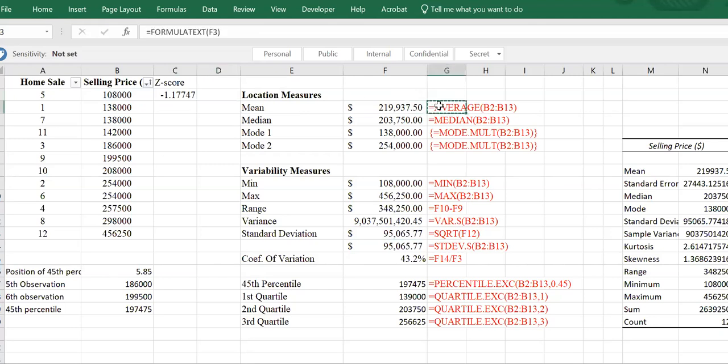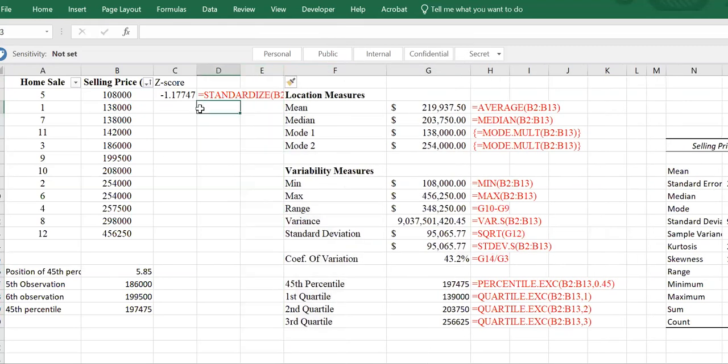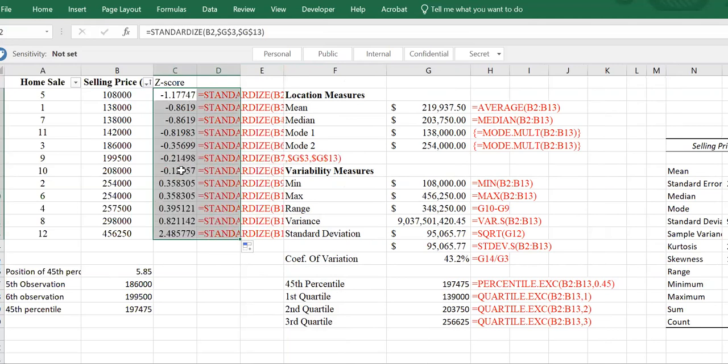Let me show you the formula again here. Let me insert another column. All right. That'll give you the Z-score. And the Z-score tells you how far the value is from the mean in terms of the standard deviation, right?